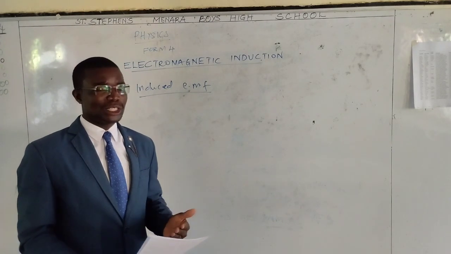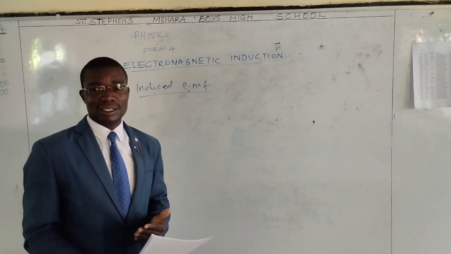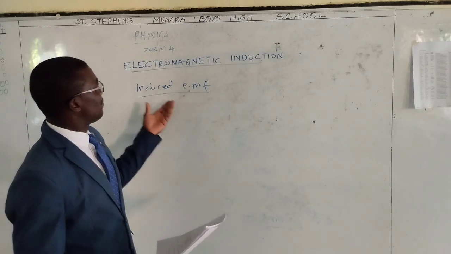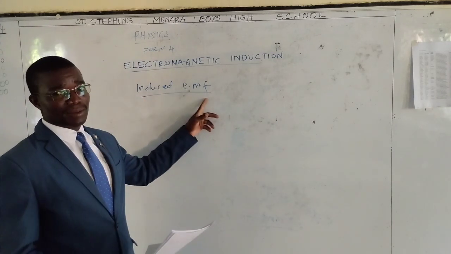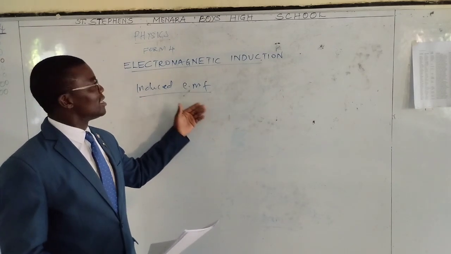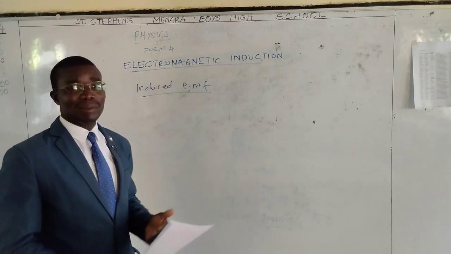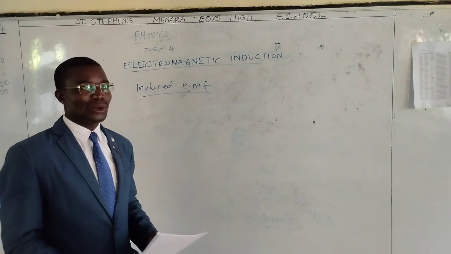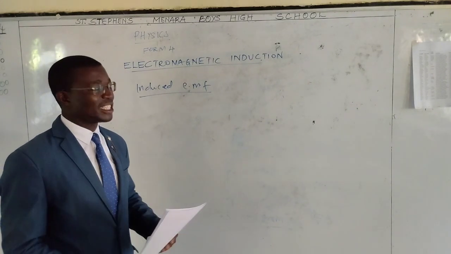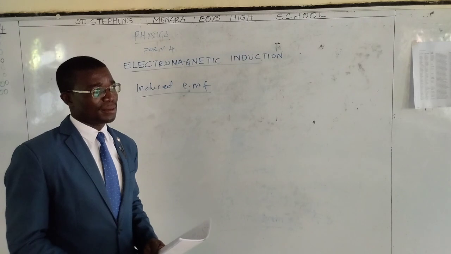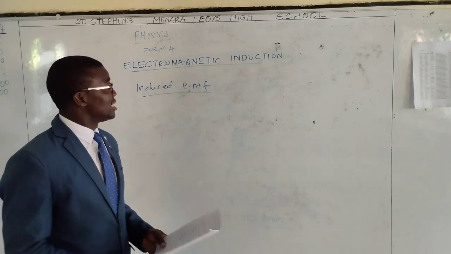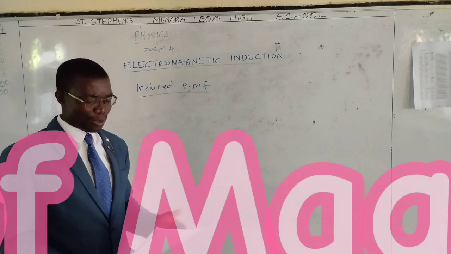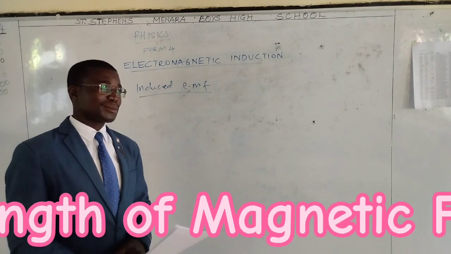The rate at which this field changes will affect the amount of induced EMF, and you find that the amount of induced EMF will be increasing with the increasing rate of change of magnetic flux linking the conductor.